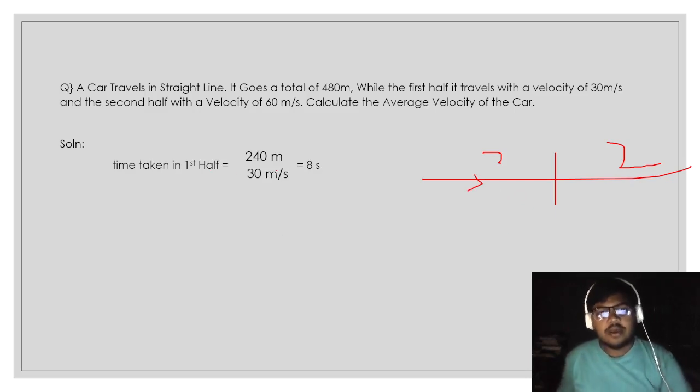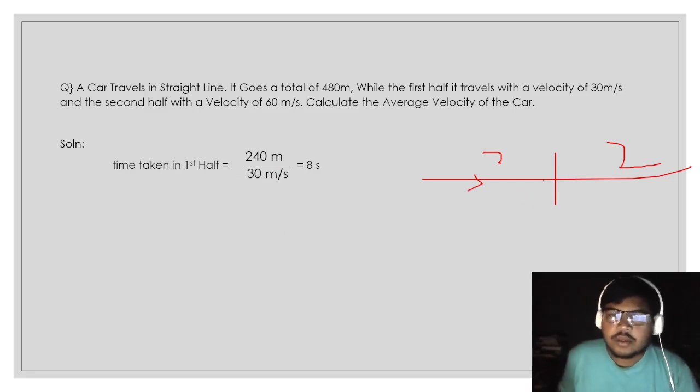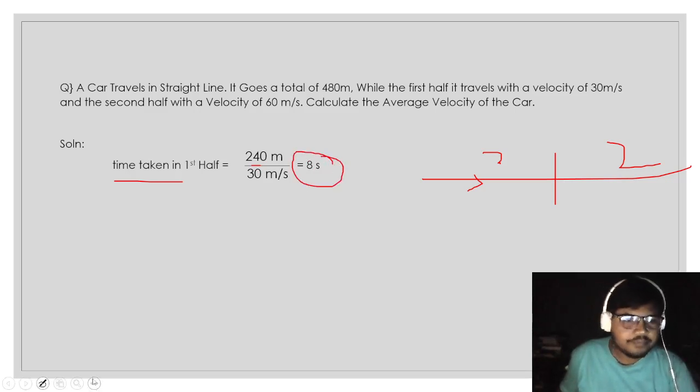For the first half, the time taken is 240 divided by 30 meters per second, which is 8 seconds.